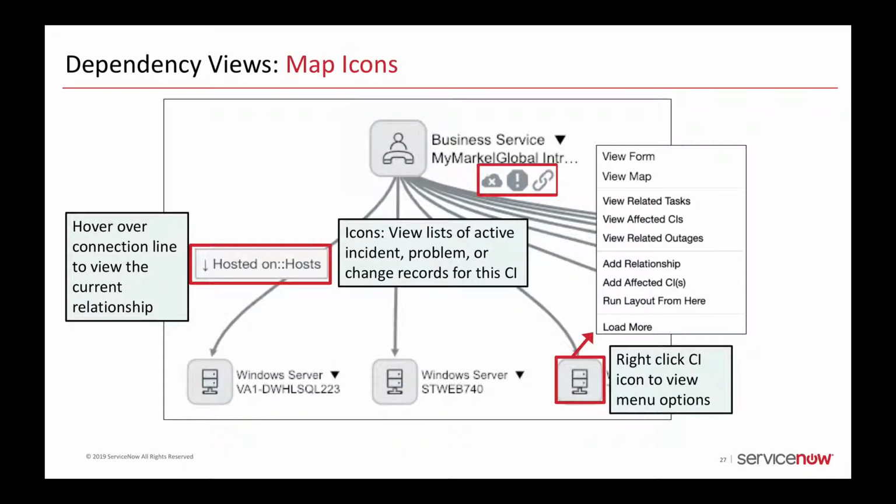In a Dependency Views map, icons indicate if a CI has an active pending issue. You can investigate the tasks that are connected to a CI to obtain more details. The map collapses and expands clusters to make them easier to view. Understanding the dependencies and other relationships among the CIs enhances the operational delivery of incident, problem, and change management.